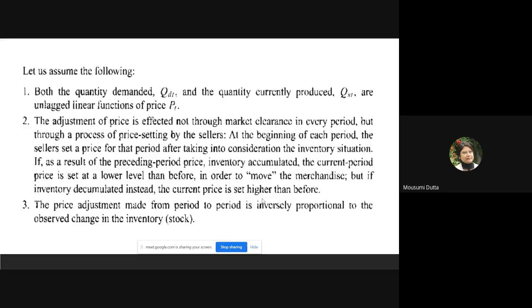So suppliers are controlling the price looking at inventory accumulation or decumulation. In other words, excess supply, not excess demand, will indicate whether price will fall or increase in the next period. Any question regarding these three assumptions?